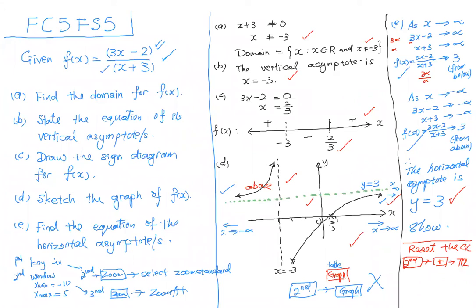Miss, I don't understand how to get 3. What do you mean you don't understand how to get 3? I don't know where you went after you got x plus 3 approaches infinity. You see how I write the 4th step here?